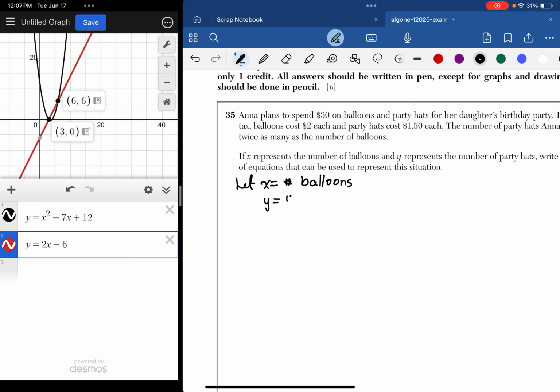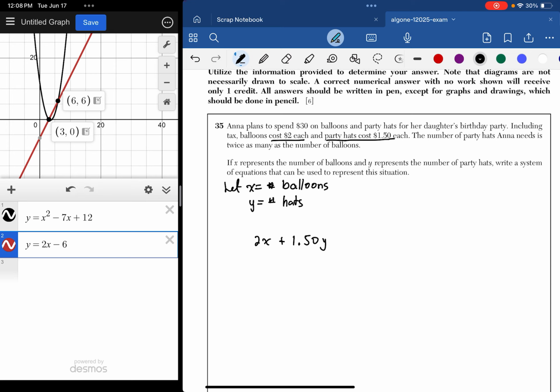So we could say $2 times the number of balloons, plus $1.50 for each party hat, and that's going to total out to 30.